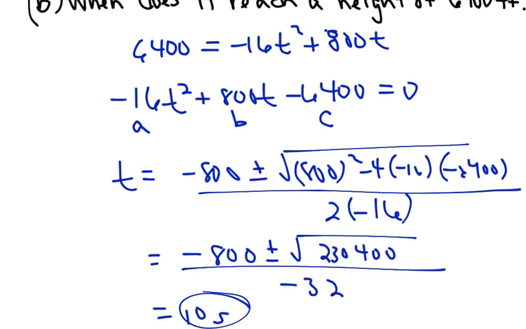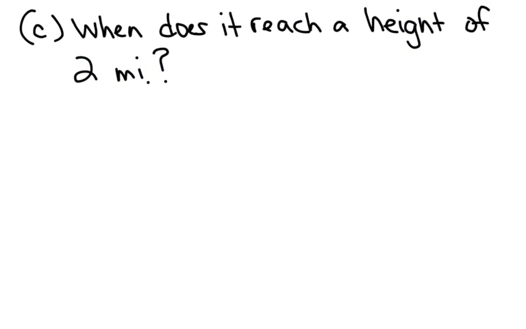And then I'm going to divide that answer by negative 32, and I find out the other answer is 40. Sorry about that. So in its motion, projectile motion, remember, looks like this. It's going to hit 6,400 feet twice. The first time it's going to hit is at 10 seconds on the way up. And then on the way down, it's going to hit it at 40 seconds.